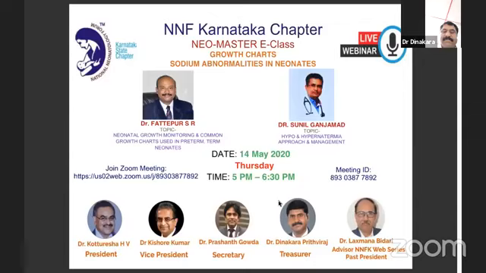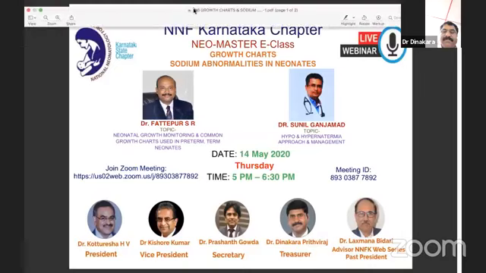That is one advantage, sir. Then this is also used for 27-week, extremely premature babies. Then Fenton's chart is also for premature babies. The only lacuna in this is there is no postnatal growth dip. Both are longitudinal charts. Fenton's chart is used from 22 weeks to 50 weeks. That is one advantage.